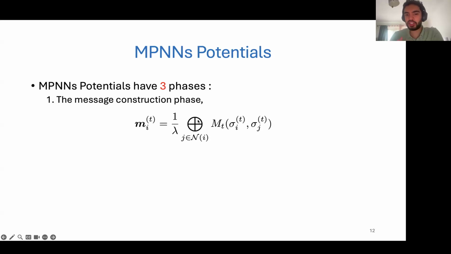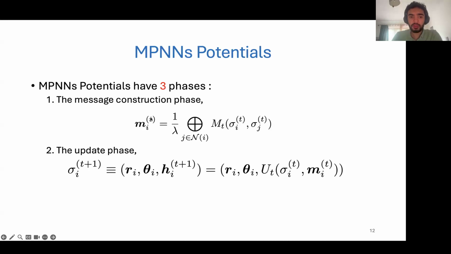This big plus is usually just a sum, but actually it can be any permutation invariant operation. And after that, you have gathered all the information of your neighbors into a message, m_i. So this message is really, if I'm sitting on a hydrogen somewhere, I've looked at all the information that I have of my atomic neighbors within around 6 angstrom, and I've gathered this into a collected invariant message. And then I use this message to update my state.